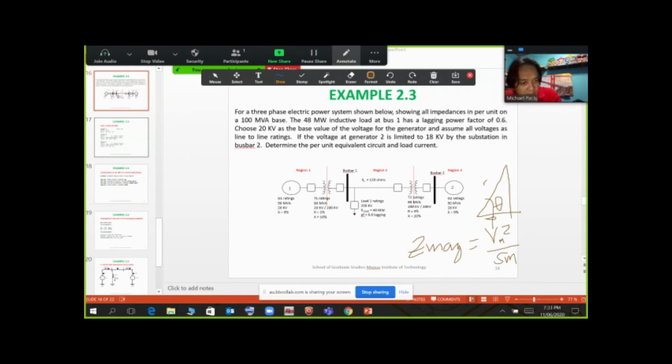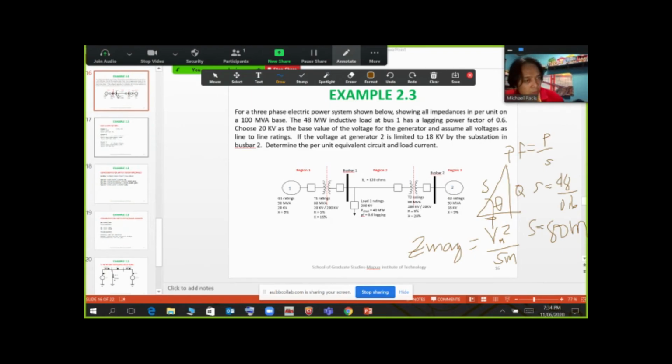So if you have your triangle S, P and Q respectively, you can get the power factor here, which is simply equal to P divided by S. You can get S here by dividing 48 by 0.6. Definitely the answer is 80, by the way. 80 megavolt-ampere to be exact.